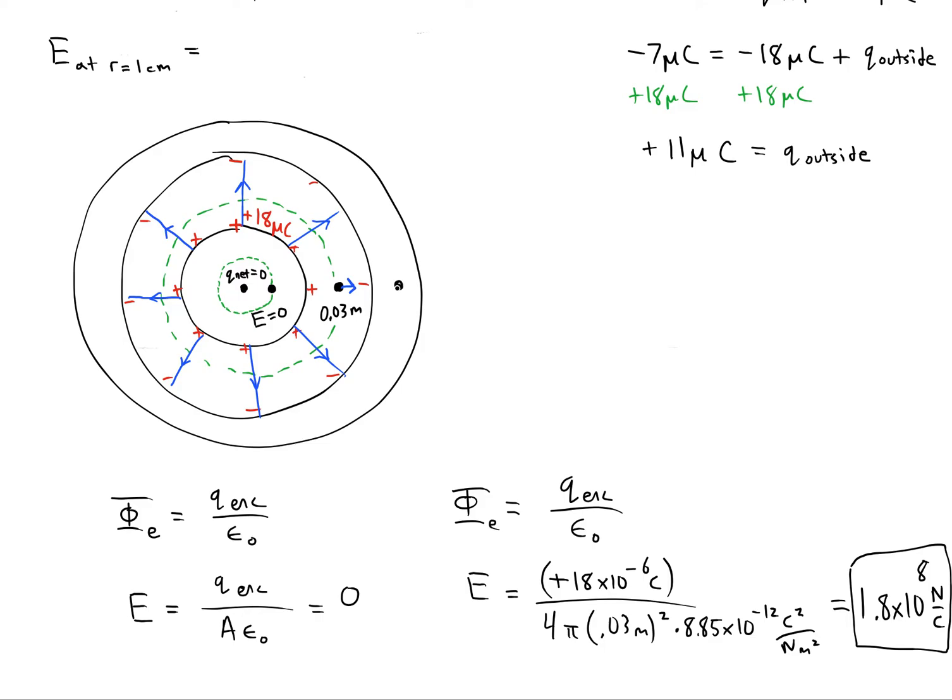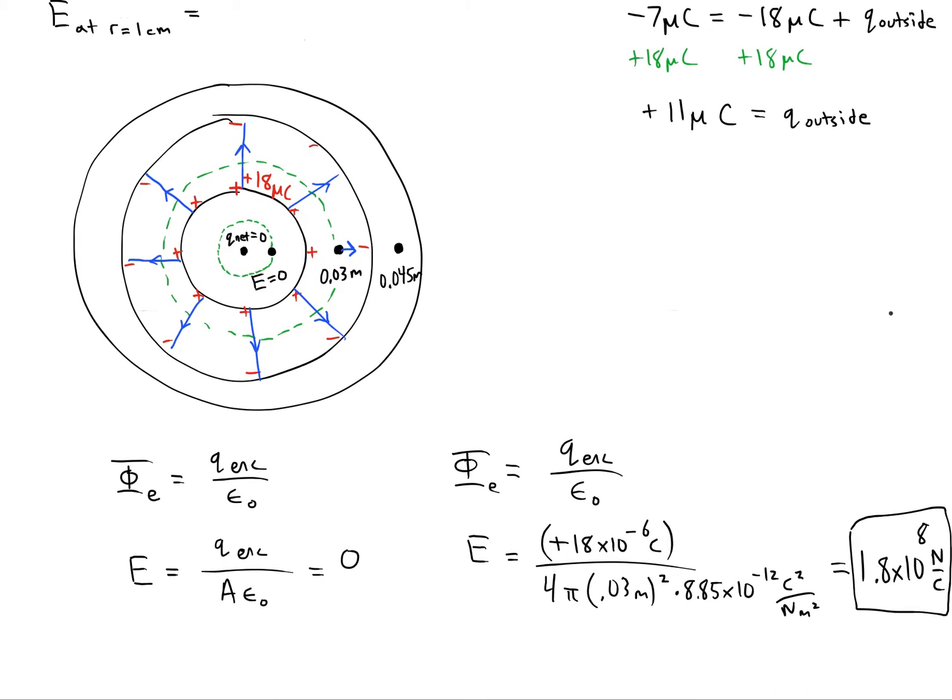Now we want to know what is the field 0.045 meters from center. It's going to be 0. But just to prove that it really will be 0, let's use Gauss's law. Create a cylindrical shell which cuts right through the metal itself.